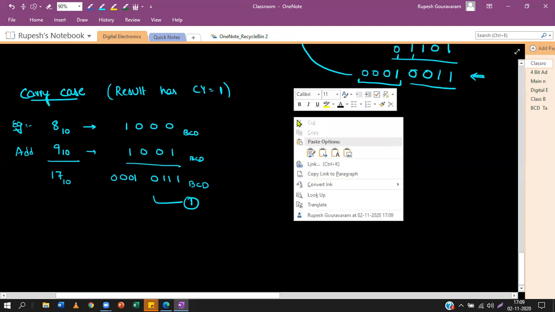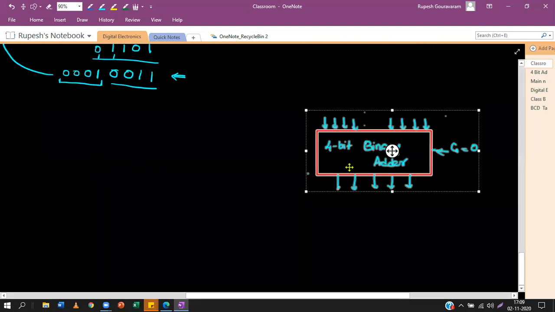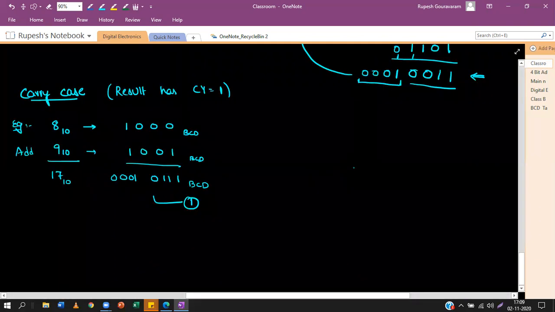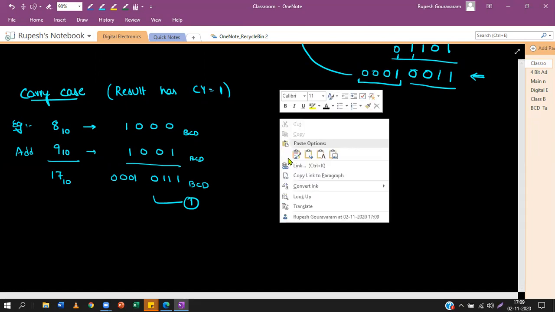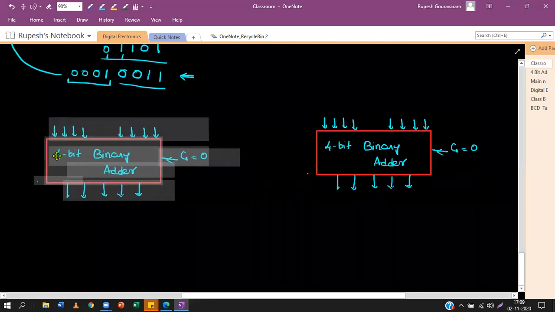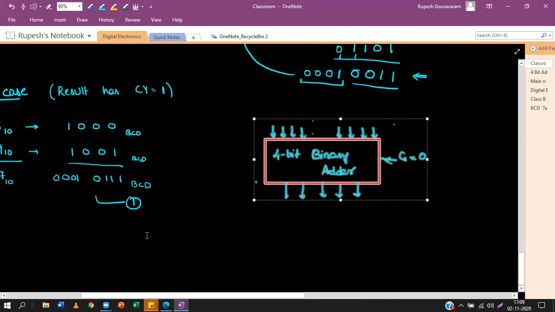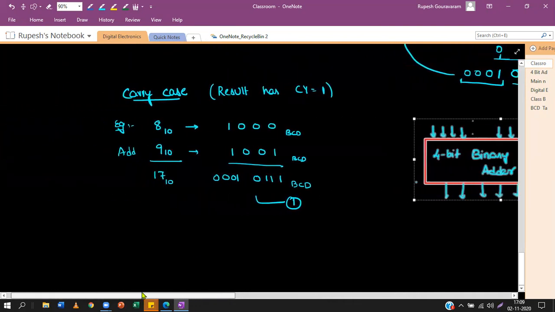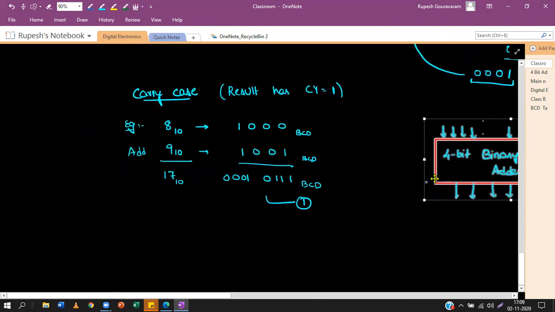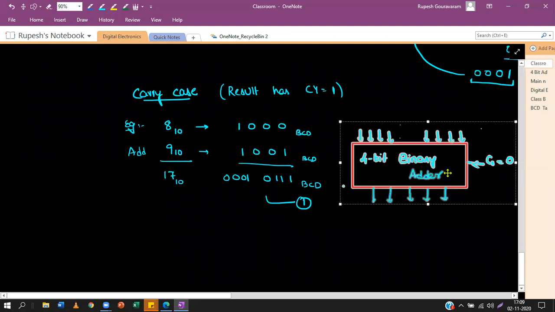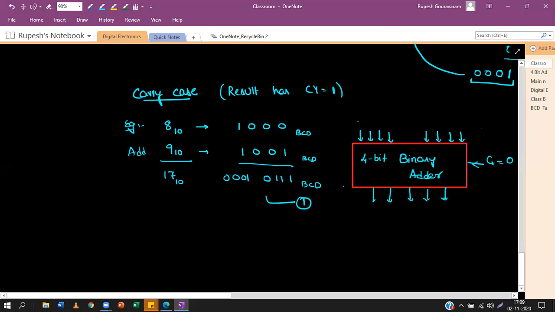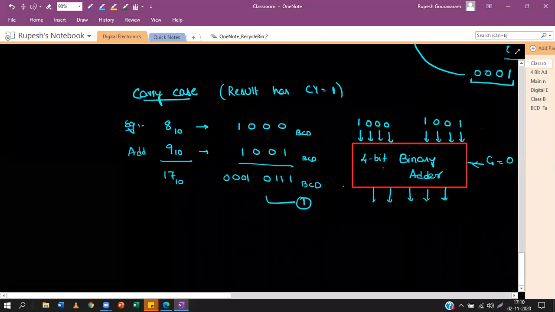Now let me take the 4-bit adder again. Yeah, this is the 4-bit adder. Here, if you input the same values, 1000 and 1001, then what will you get?